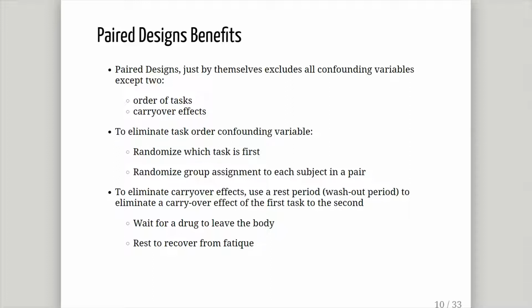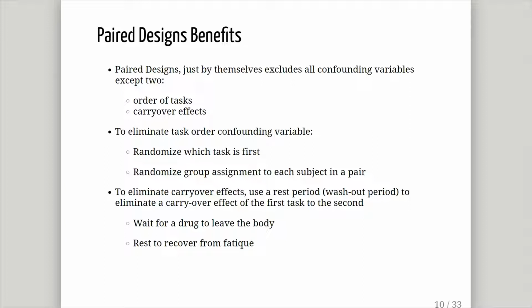And you would eliminate the order of task by randomizing which task is first, if you did a repeated measures design. So for Secretariat, I would randomize whether he would use the new shoe or the old shoe first. Then the second time Secretariat does a study, I'll just give him the other shoe that he didn't use.